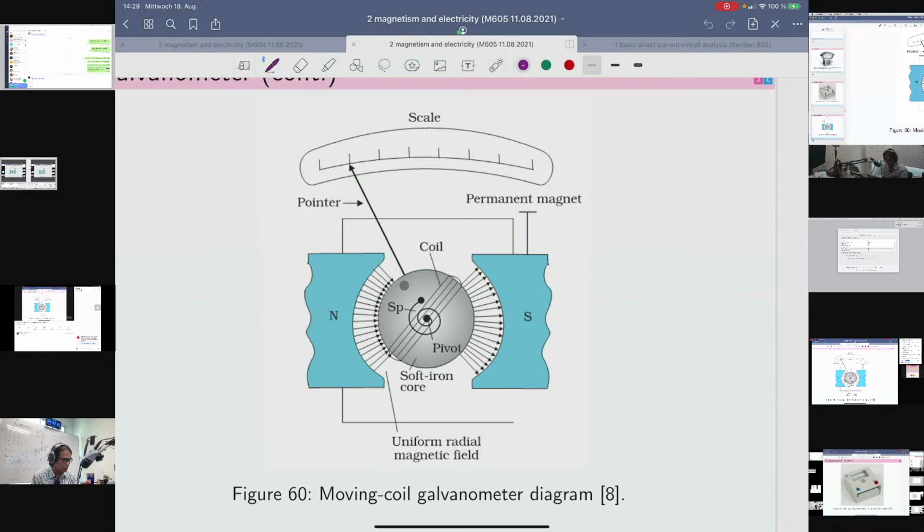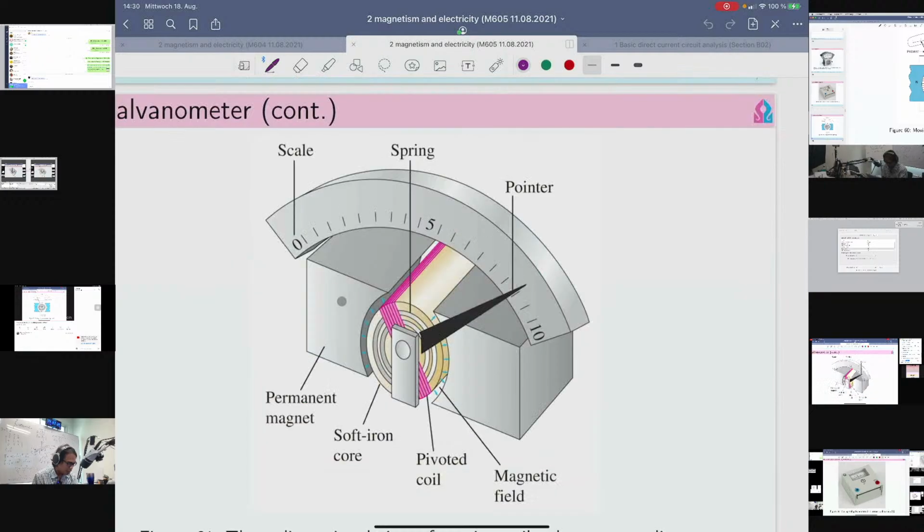The core is surrounded by the coil again, and you can see here the blue arrows of the magnetic field lines, starting from one side of the permanent magnet.